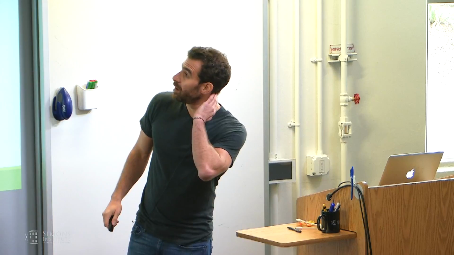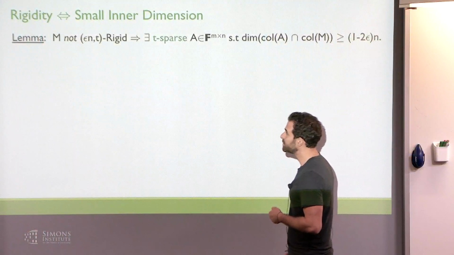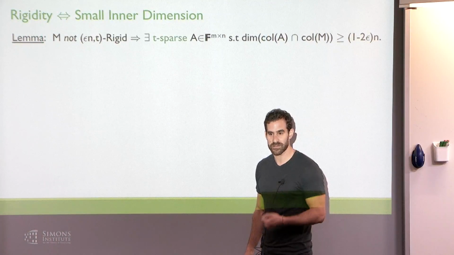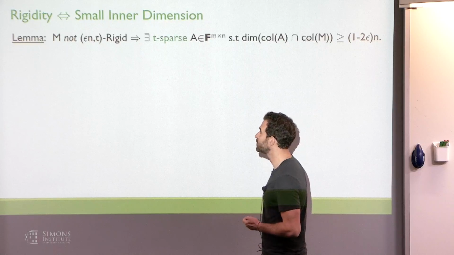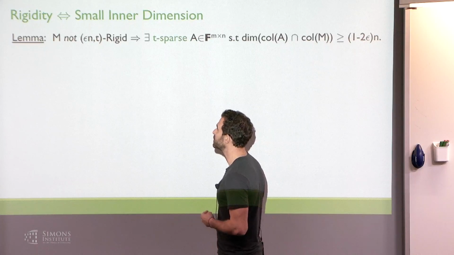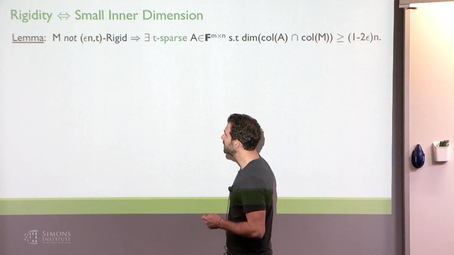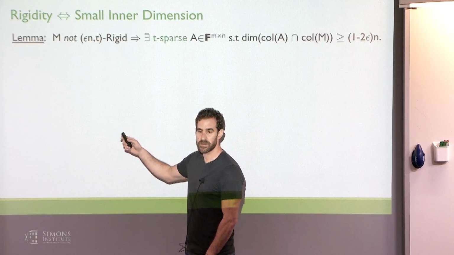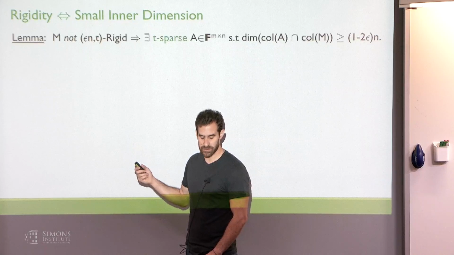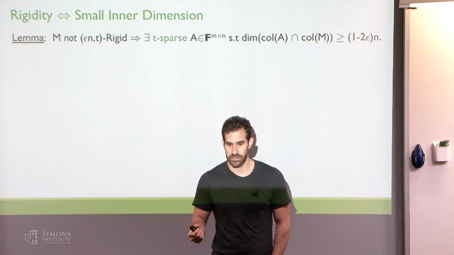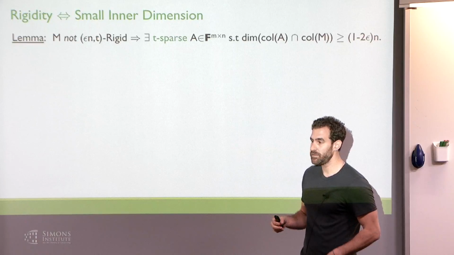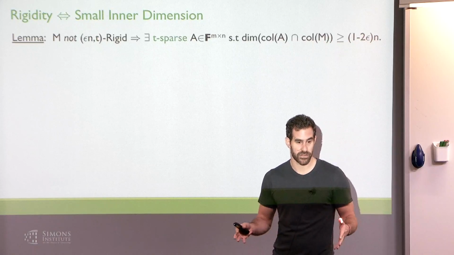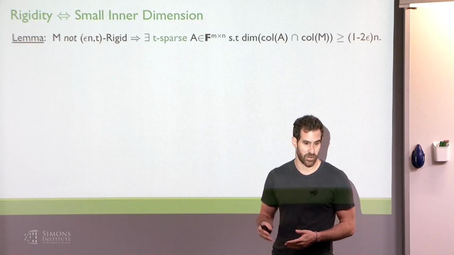Okay, so the first lemma is a simple lemma, but it's somehow the key to most of the results. I claim that a matrix is not rigid if it is sparse on some large dimensional subspace of its column space.